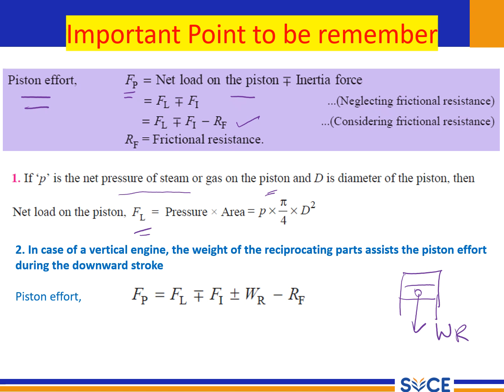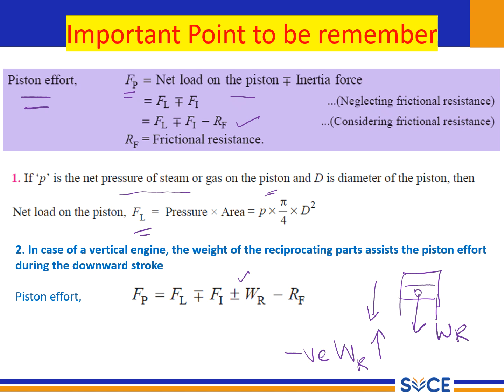Whenever the piston is moving downwards, accelerating, the weight of the piston also helps the piston move down, so it is plus. Whenever the piston is moving up, we take the weight of the reciprocating parts as negative. These important points we have to consider.